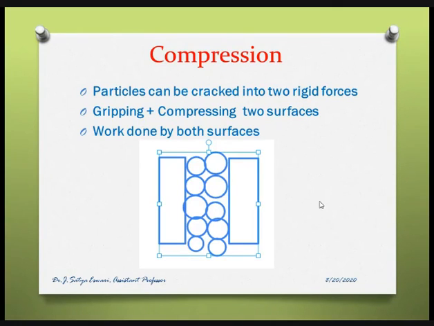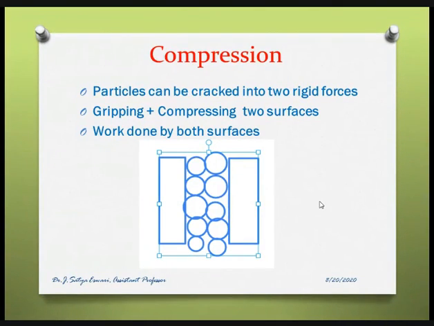Now I will tell you, there are four principles we were talking about: compression, attrition, impact, cutting. So what is compression? I already told you, two rigid surfaces will be given, and the feed will be given from the top.